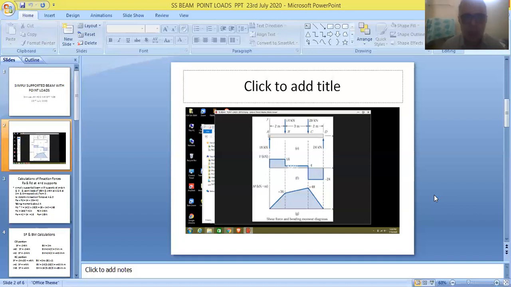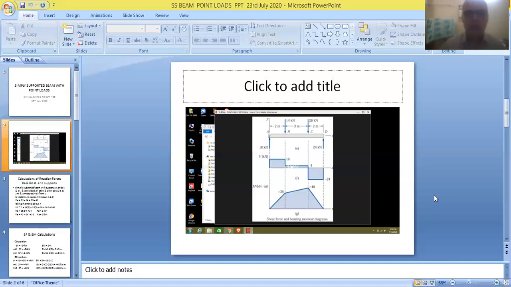A diagram obtained by plotting all the values of shear forces is called a shear force diagram. And a diagram obtained by plotting all the values of bending moments is called a bending moment diagram. So friends, these are the definitions of shear force and bending moment diagrams, generally asked in examinations.